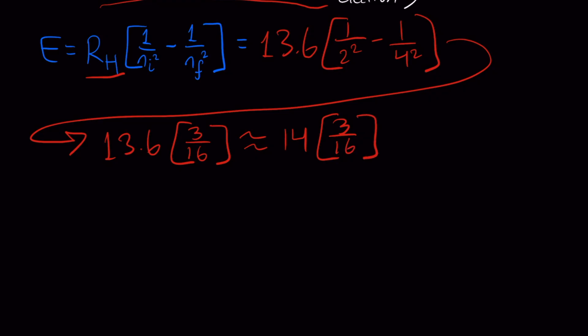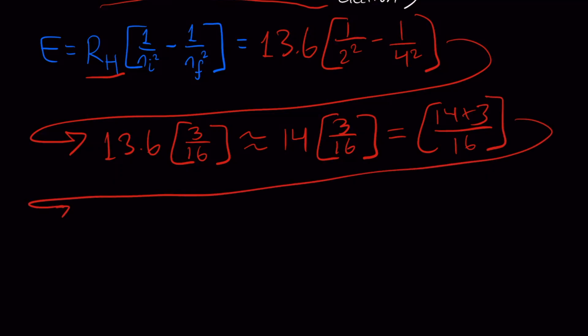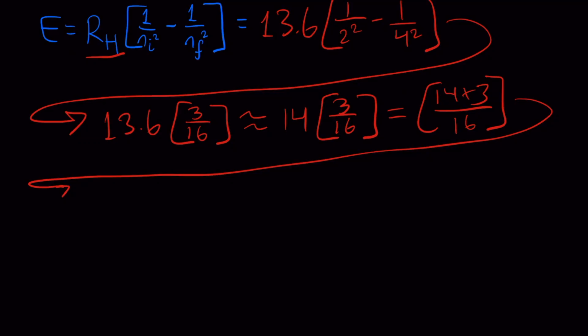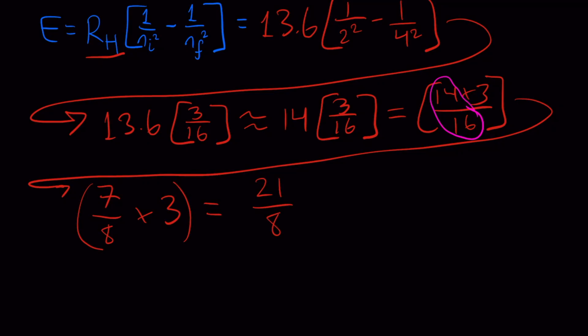We're going to do some math real quick. That's going to equal 14 times 3 over 16. Now if we use some math properties here, you can take out this part right here and turn that into 7 over 8 times 3. That's going to equal 21 over 8.